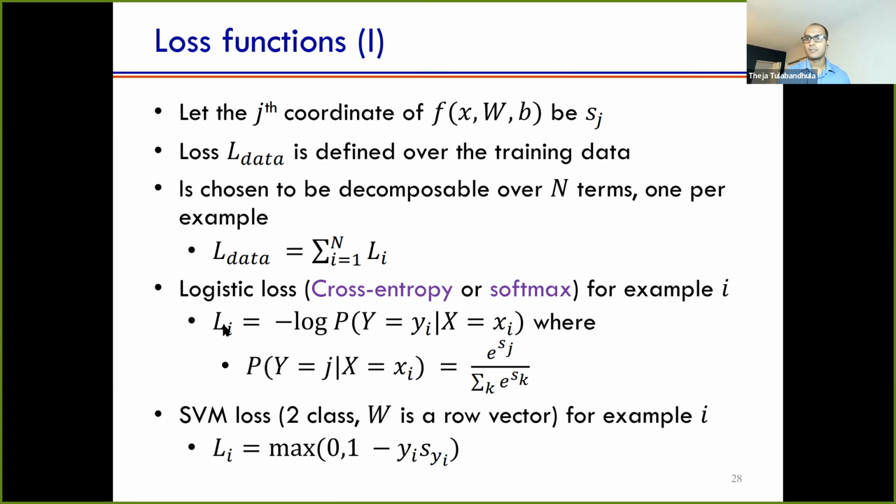Then the loss for the ith example will be the negative log of this probability. And what is the probability? It's e to the power of the true class score, the first class, so e to the power 10 divided by e to the power 10 plus e to the power 5 plus e to the power -1.